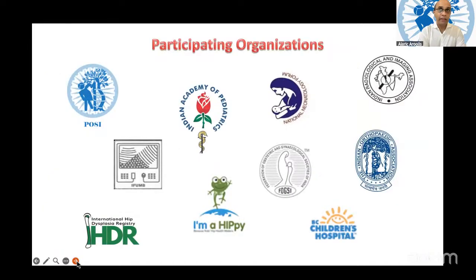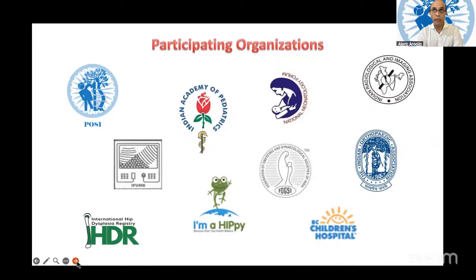So we decided it's time we take the lead in developing some guidelines for India using the evidence we had from literature. At the same time, we got together the large organizations which serve the children of our country, mainly the Indian Academy of Pediatrics and the National Neonatology Forum.